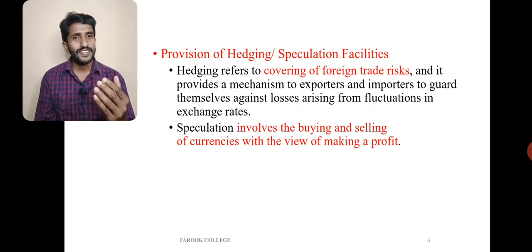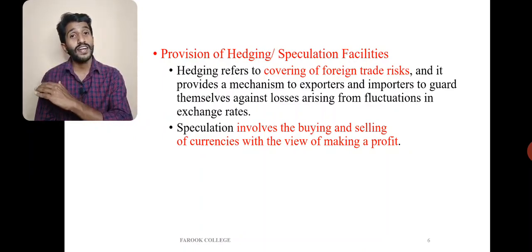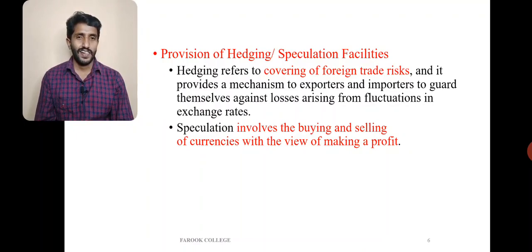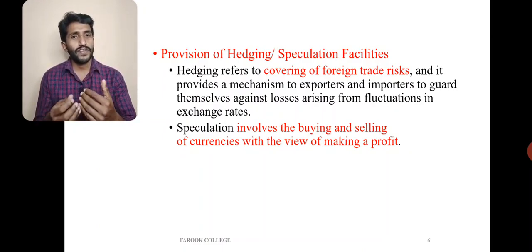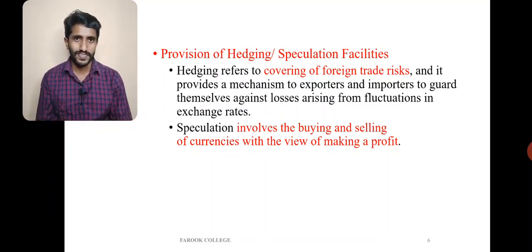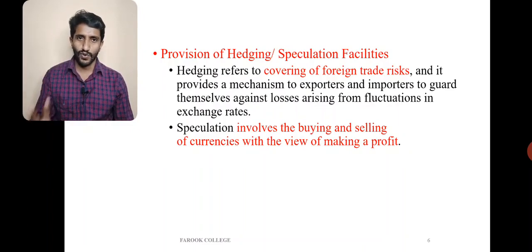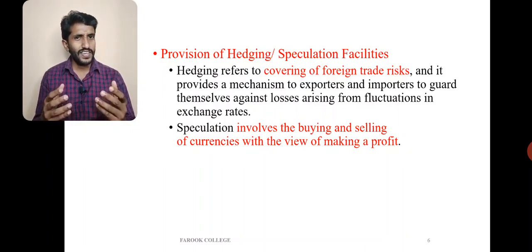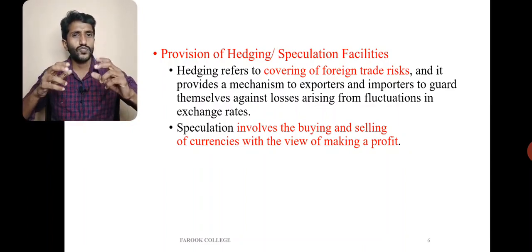Our currency has appreciated and the dollar has depreciated. So it became 60. So tomorrow, if I am getting $1 and I exchange it for rupees, I am getting only 60 rupees instead of 73 rupees. So why? Because there is a change in the exchange rate.